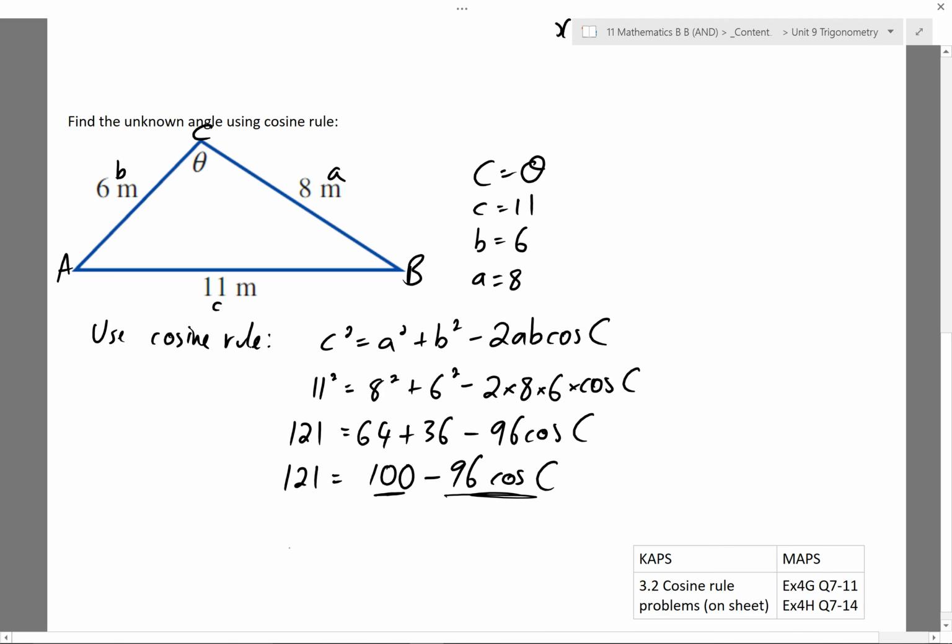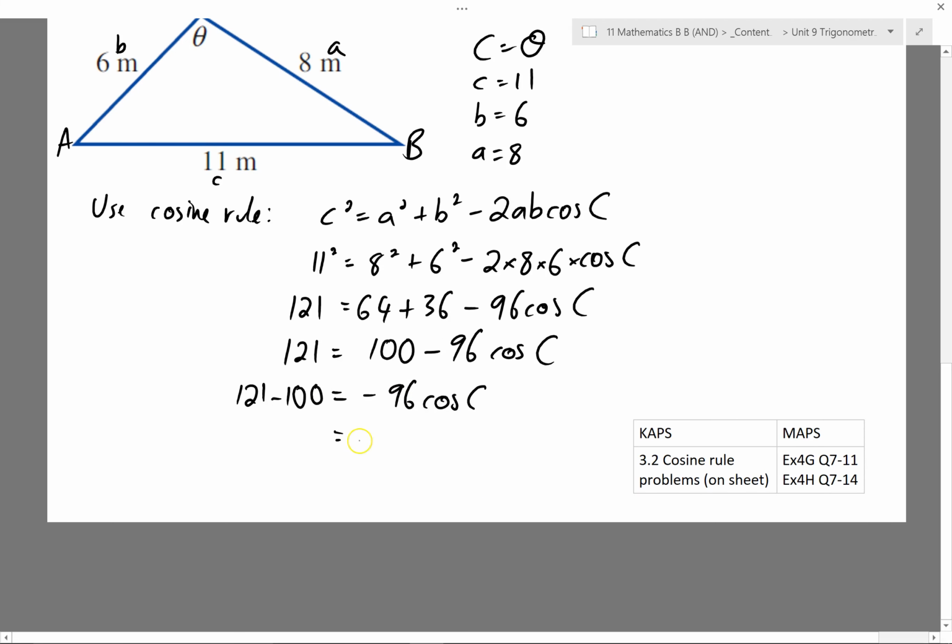Okay, what we need to do is subtract the 100 and then divide through by minus 96, sorry. And then from here this should be theta all the way through as well. Okay, because that's the angle that I'm trying to find. And then to find theta, take the inverse cosine of this fraction.